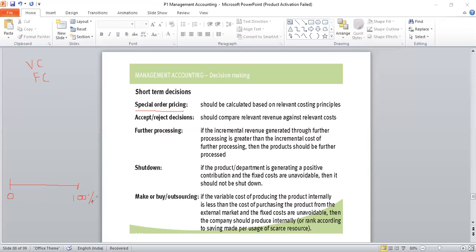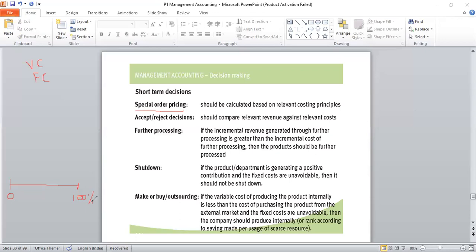The decision about at what capacity they would be operating depends on the demand for the product. Only as much as the market is ready to absorb, they take up the production at that capacity.